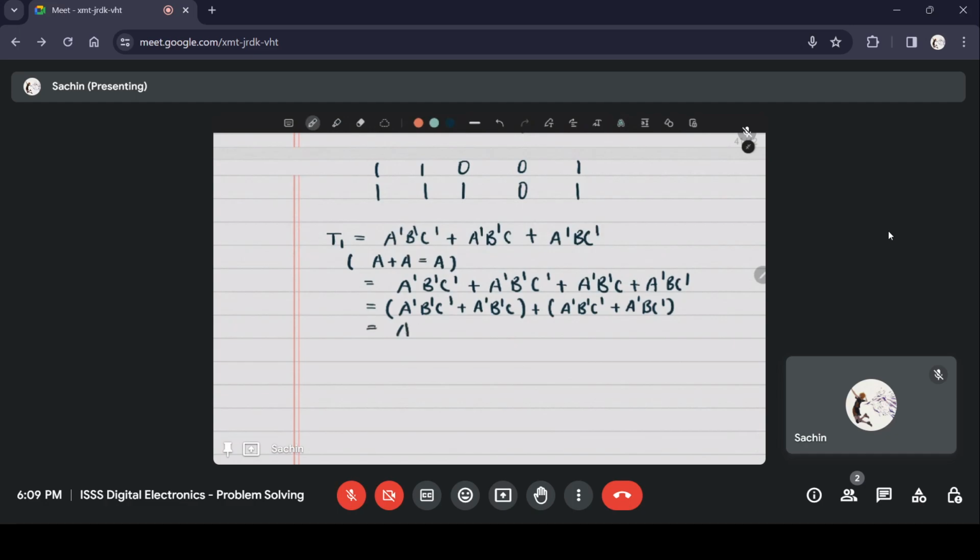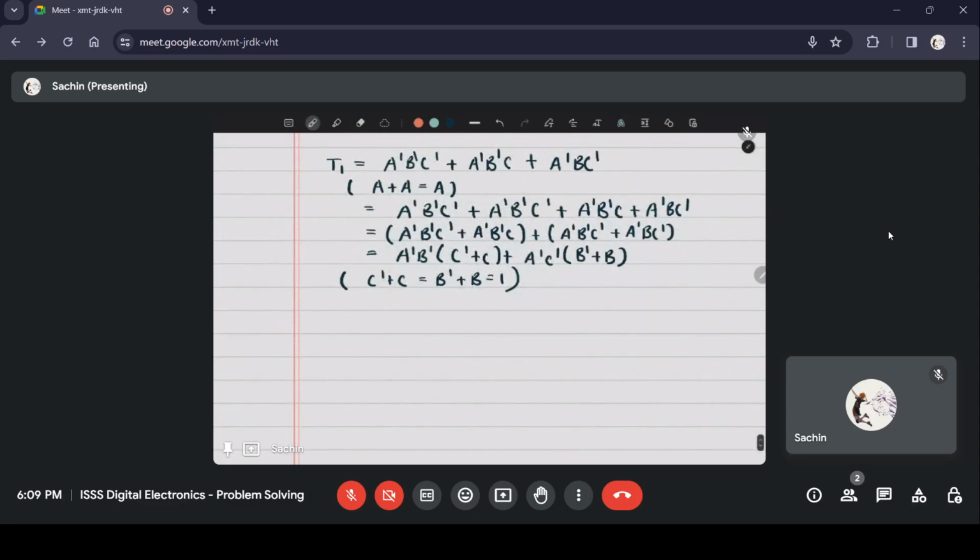Then we can take out a prime b prime common in the first group, a prime c prime common in the second group. Now we know that a plus a prime is 1, so c plus c prime is 1 and b plus b prime is also 1. That's another law of Boolean algebra.